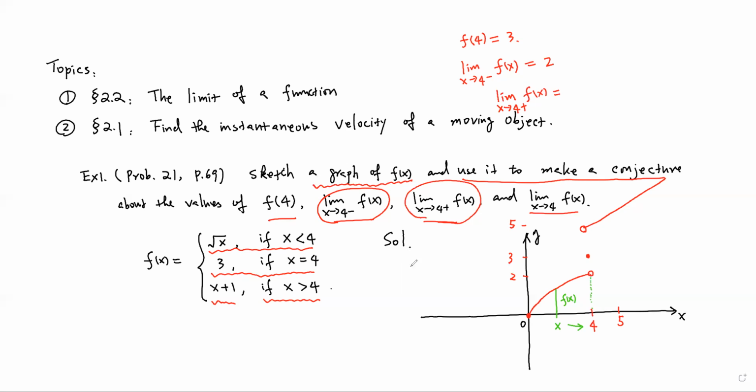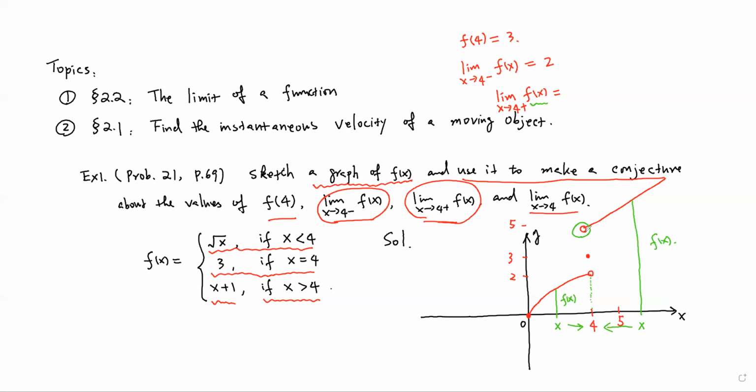This time, let me pick an X on the right side of 4. f(X), the function value at X, is the height of the graph at X. As X gets closer and closer to 4 from the right, this height gets closer and closer to the height of this open dot.